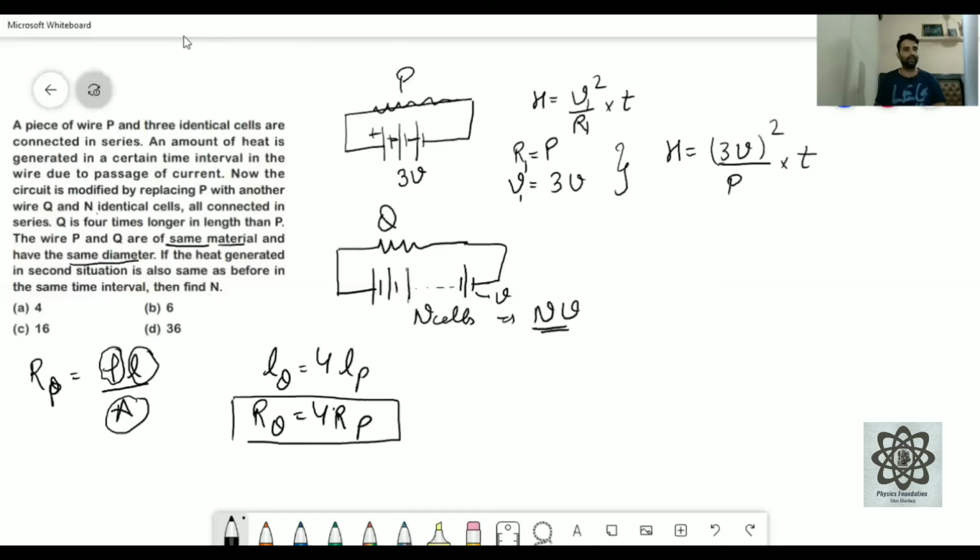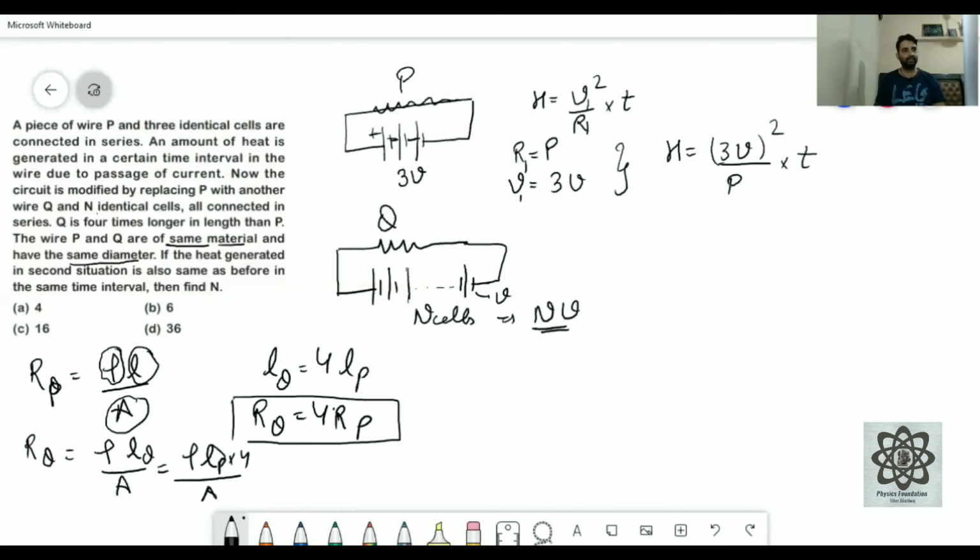Or we can do it like this: the resistance of Q is equal to resistivity times length of Q divided by area. Now all these are the same except the length. Length of Q is 4 times the length of P, divided by area.